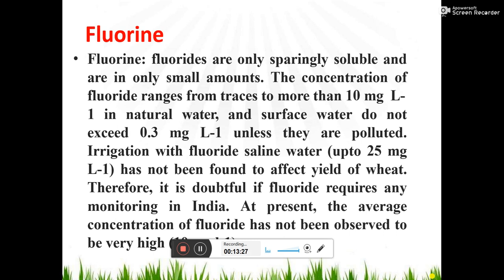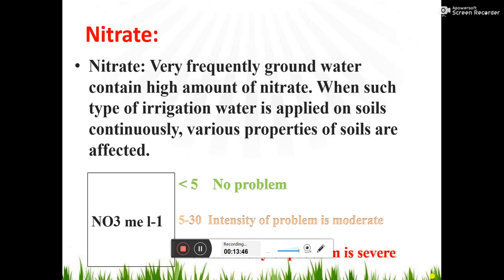Irrigation with fluoride saline water up to 25 milligram per liter has not been found to affect yield of wheat. These are some experiments carried out in the past, therefore it is doubtful if fluoride requires any monitoring in India. So that's why there is no monitoring of the fluoride content in the water.